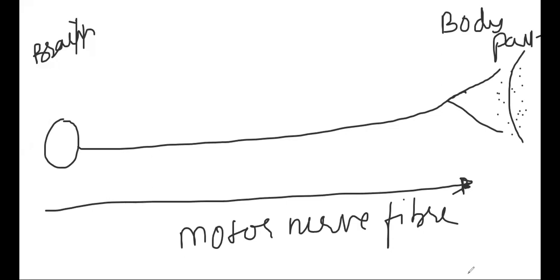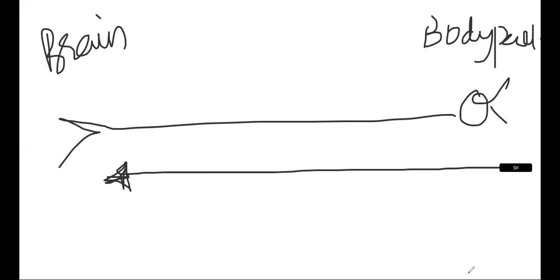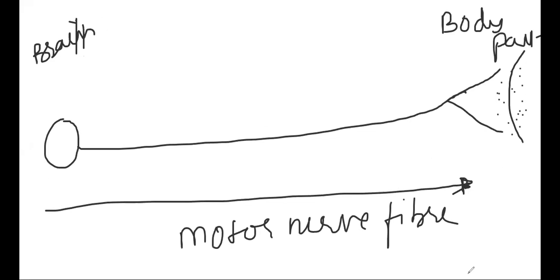Okay. Next, if it is brain and if it is the body part, this is the information. Remember, the impulse in a neuron is unidirectional, which is always away from the cyton. So this is the cyton, and it is always away from the cyton.